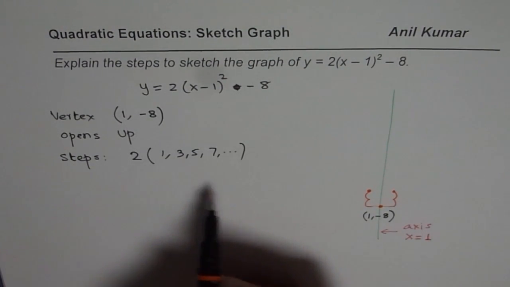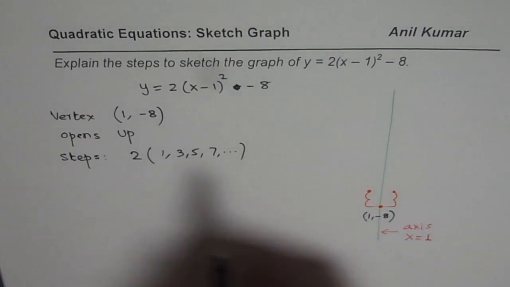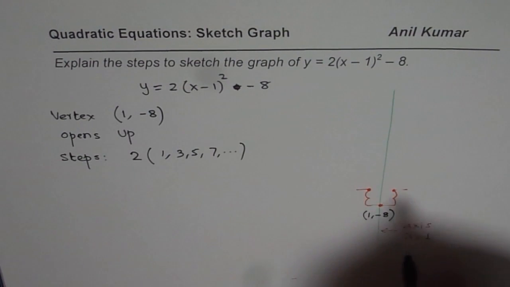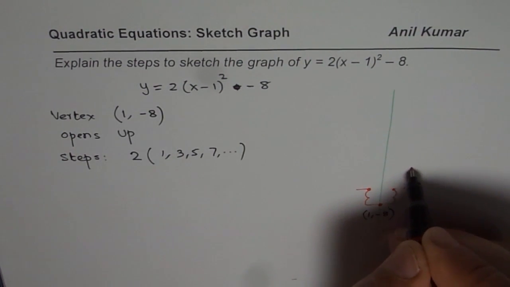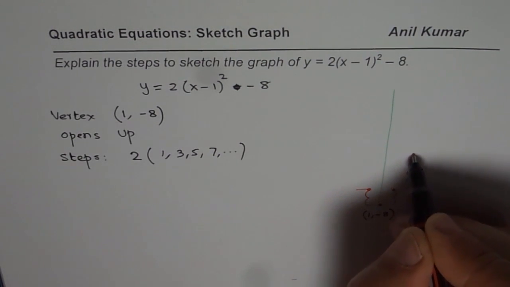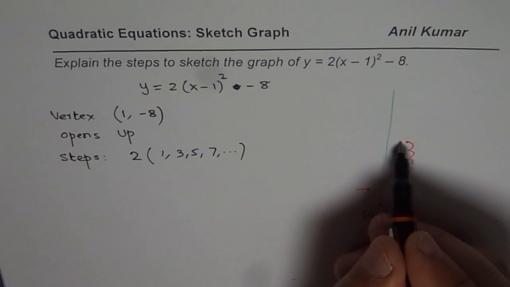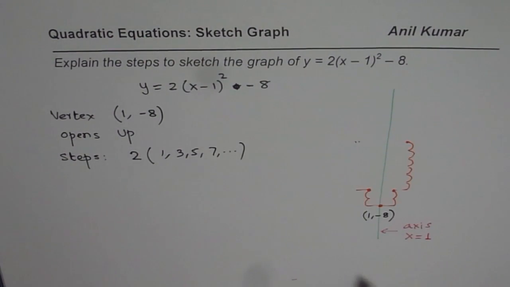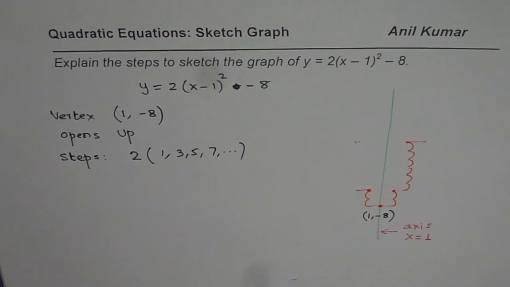To get the third point, you have to go 6 steps up. So again, when you move 1 unit to either side, you have to this time go 6 steps. 1, 2, 3, 4, 5, 6, right? So you reach here. And from the symmetry, it should be on that side, right? 6 steps. So likewise, you can move and then 10 steps next. You get the idea, right?